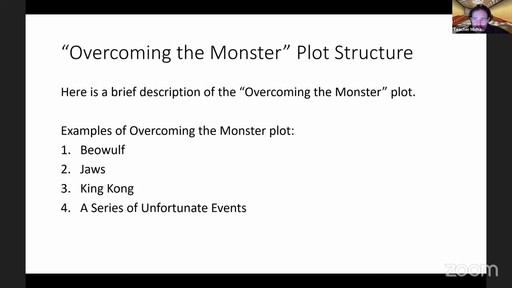Now, has anyone here read any of the A Series of Unfortunate Events books? No. Well, A Series of Unfortunate Events is a very interesting book series because it's quite a sad story, but it's written in a very entertaining way.